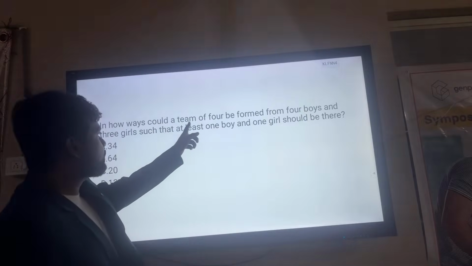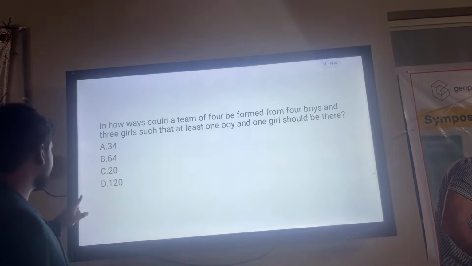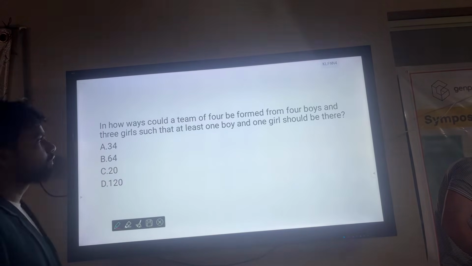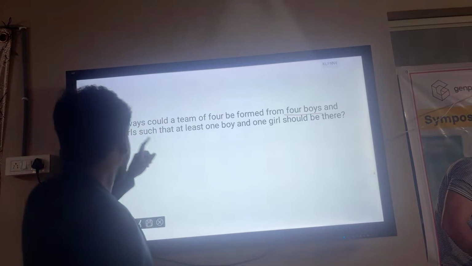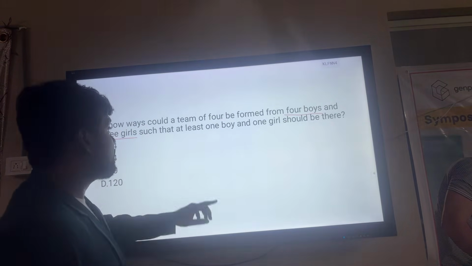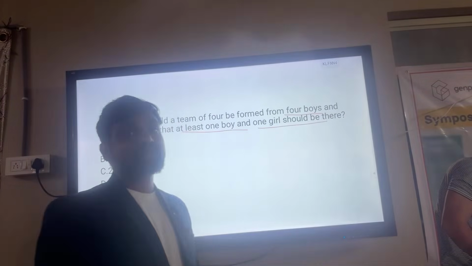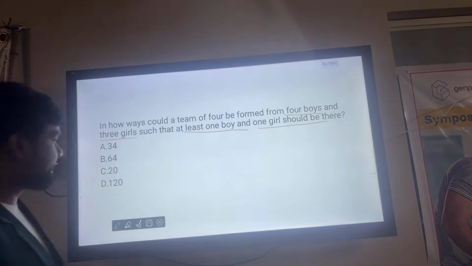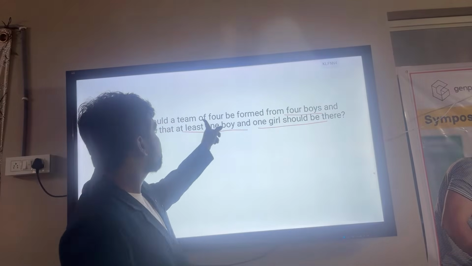How many ways could a team of 4 members be formed from 4 boys and 3 girls, such that at least 1 boy and 1 girl should be there? You have to select a team of how many members? 4 members.